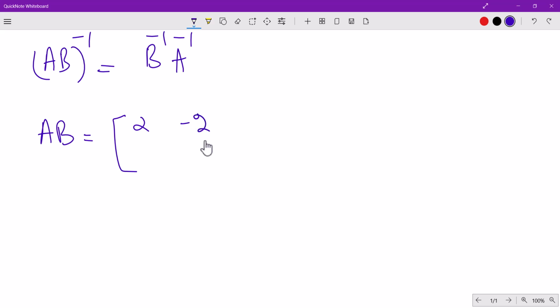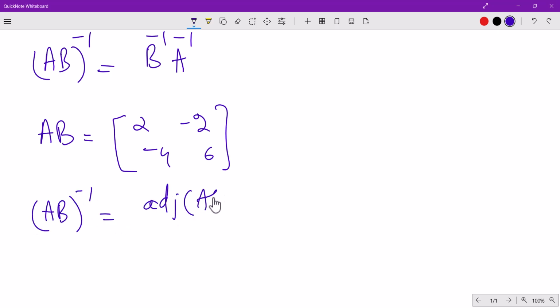2 minus 2, minus 4 and 6. Now we find (AB) whole inverse. For that we need the adjoint of AB and the determinant of AB.